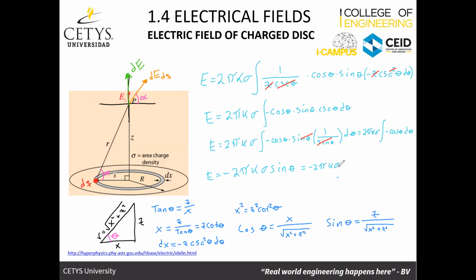And the sine of theta, we know that it's this fellow that we have here. So this is going to be multiplied by z divided by the square root of x squared plus z squared.